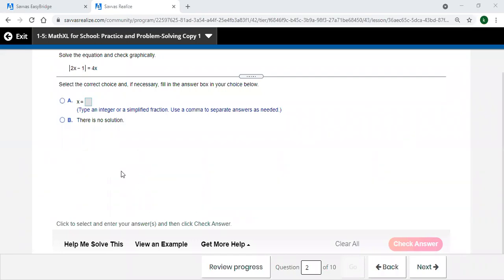All right. Lesson 1-5 or 1.5, however you like to say that. And we are on the second problem of the lesson down here. So problem number 2. And I need my one other number that I need sometimes on these problems.